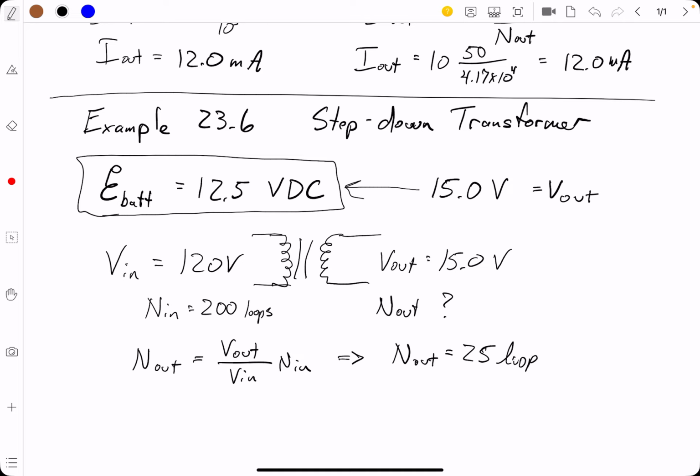You should plug that into your calculator to make sure I'm right, but I'm pretty sure I'm right. 15 times 2 is 30, divided by 12, 2.5. Yep, that's right. 25 loops. Okay. Great. So that's A.